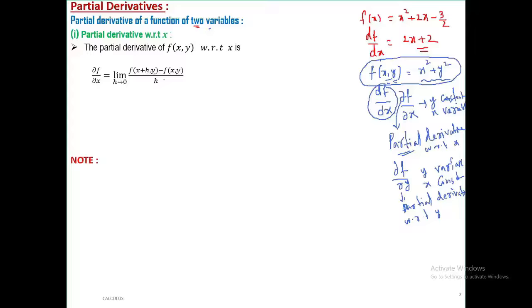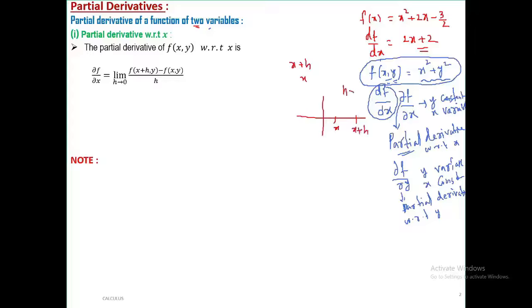Here, only x plus h and x. So first I have taken x plus h and x I am looking at. That means if you look at it geometrically, if this point is x, then x plus h must be after x only, provided h is positive.